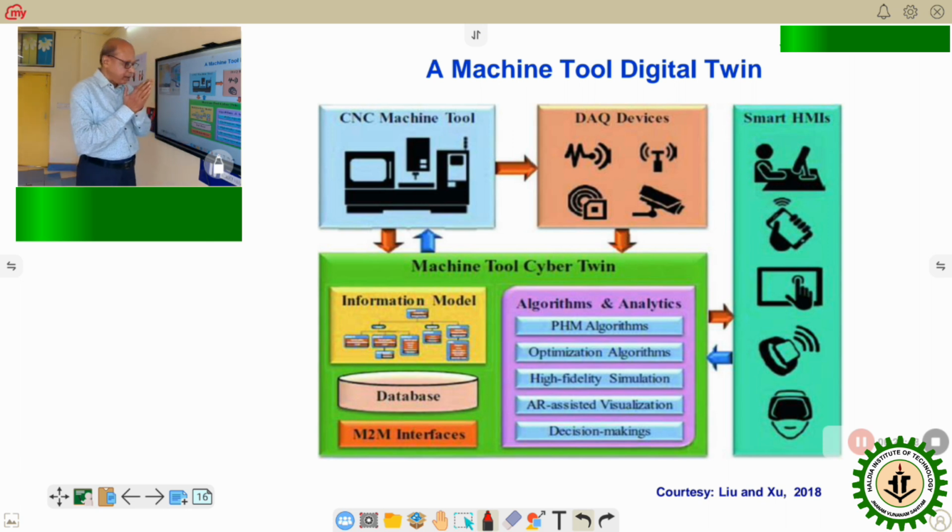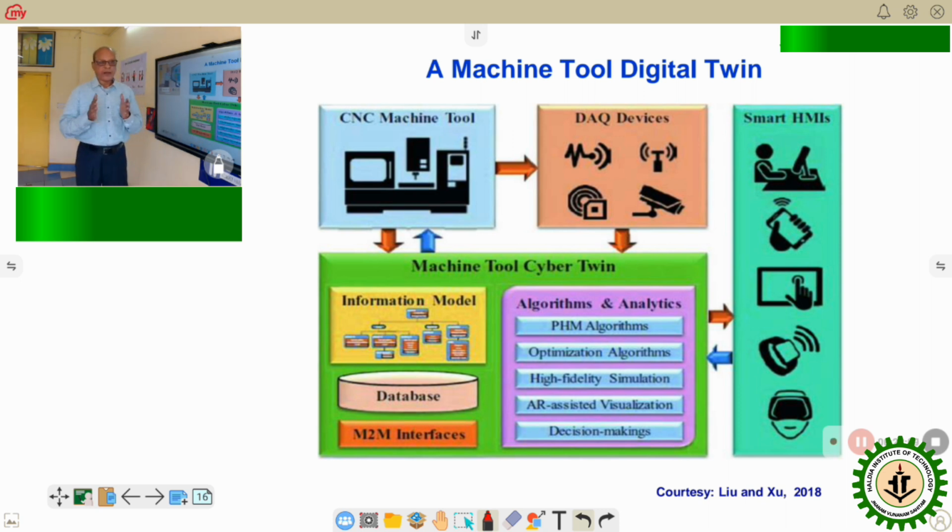What are the key capabilities? In this pink color block, you see a lot of algorithms and analytics will be performed. PHM algorithm. PHM stands for predictive health monitoring. Optimization algorithm, high fidelity simulation, AR assisted visualization, and finally decision making.